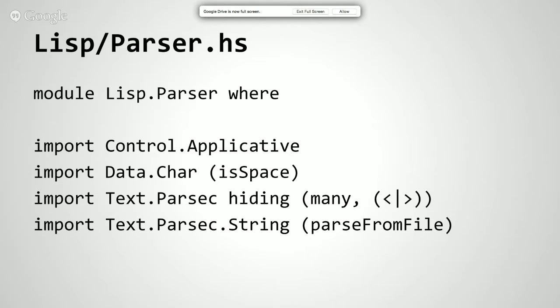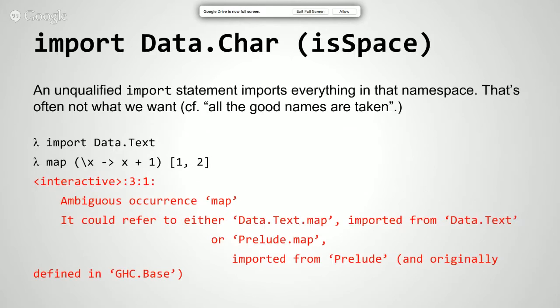If you look at the Lisp.Parser module, you're going to see that some of our imports are followed by a parenthesized list of names. Some have hiding, and some also have an import qualified. And those are tools that we use to avoid namespace collisions because quite often all the good names are taken.